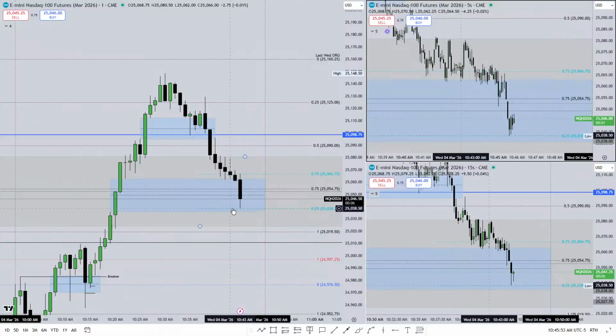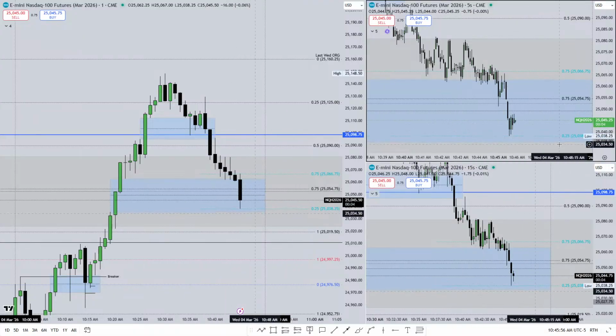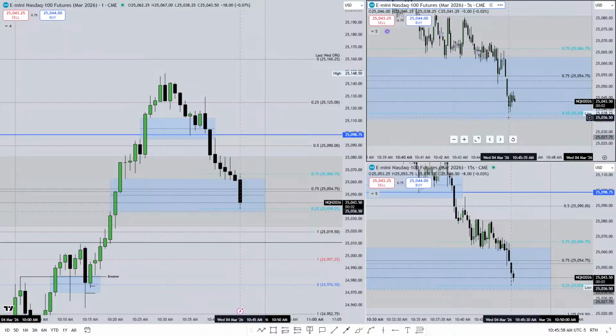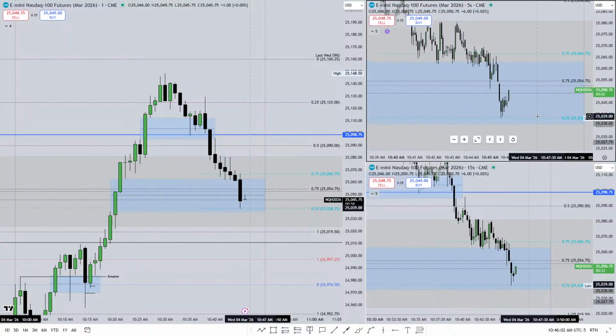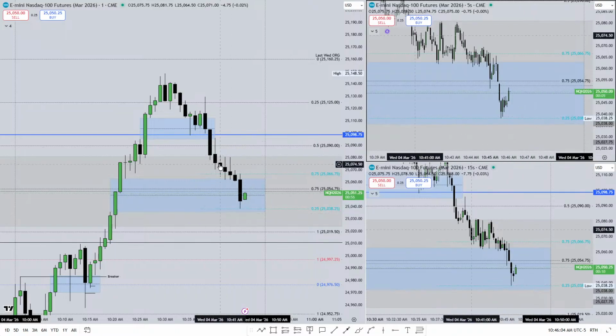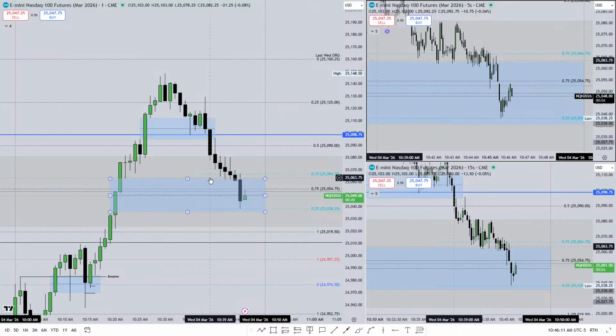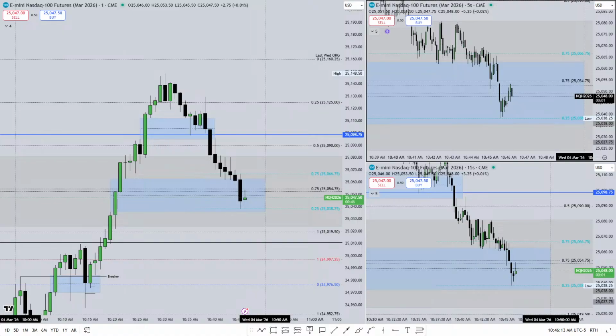Just hit the lower quad of the volume imbalance right there. Let's see, 5-second chart. Yeah, I'd want to see us start to show some strength here.